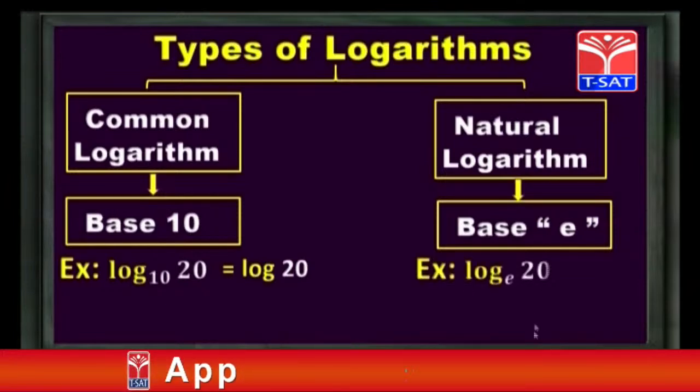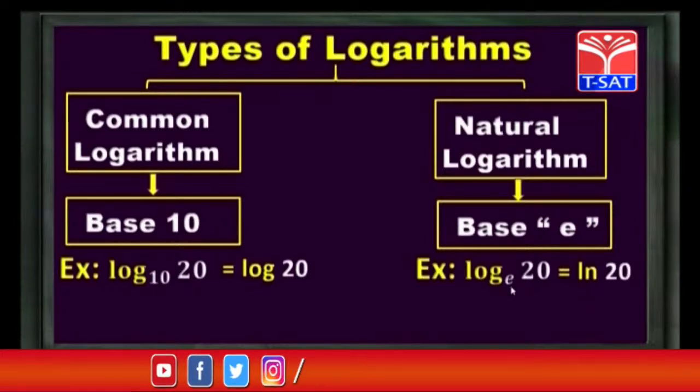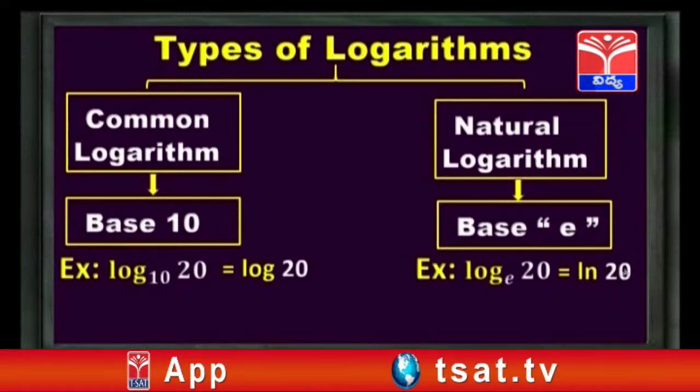And for the natural logarithm, the example is log 20 to the base e, which we can write in short form as ln 20. Instead of writing log 20 to the base e, we write ln 20. ln 20 is nothing but the natural logarithm of 20. So whenever we say natural logarithm, the base is e.